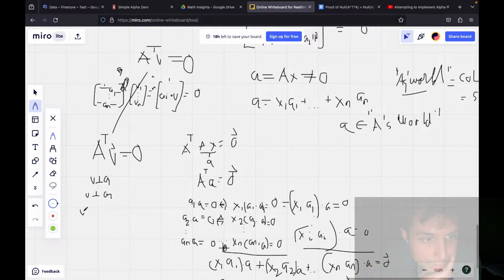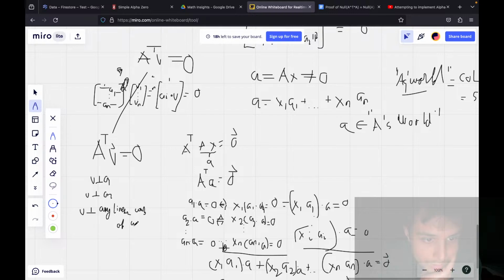And in fact, because it's perpendicular to everything, by properties of linearity, we can say that v is perpendicular to any linear combination of ai.